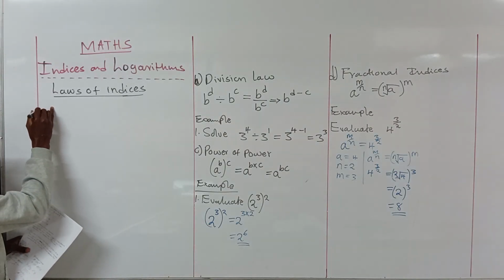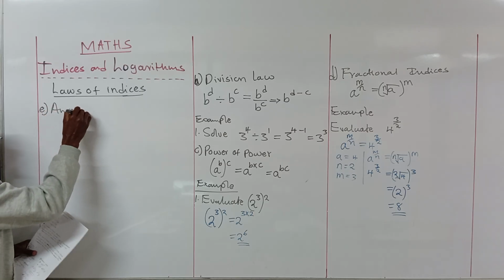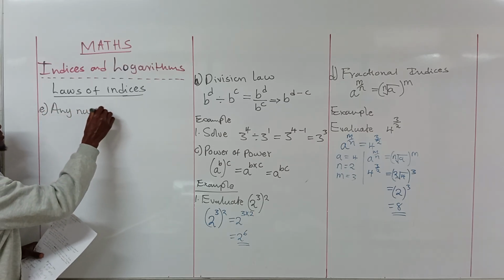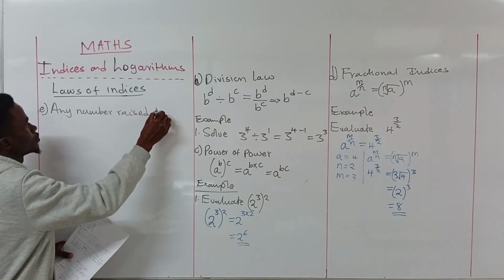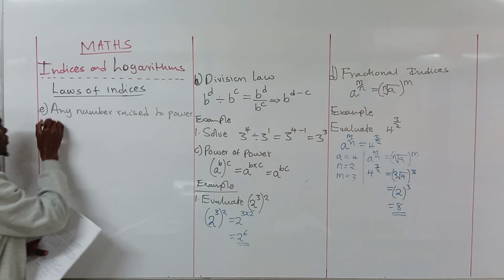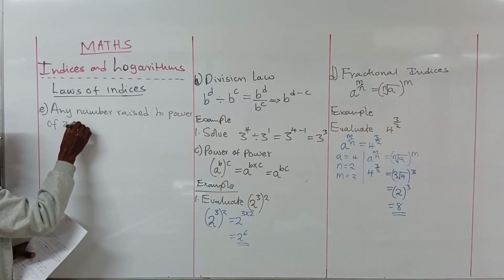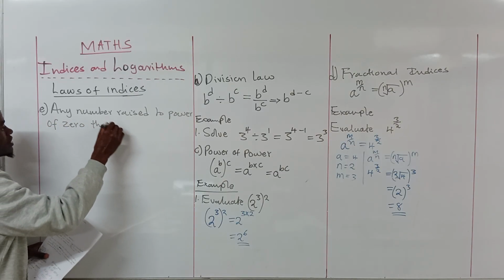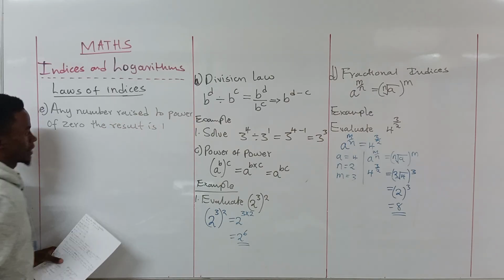Any number raised to power of 0, the result is 1.